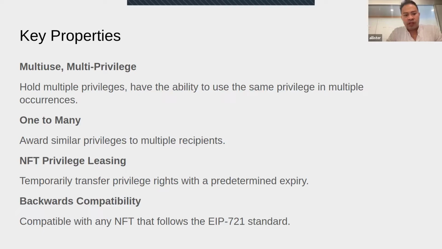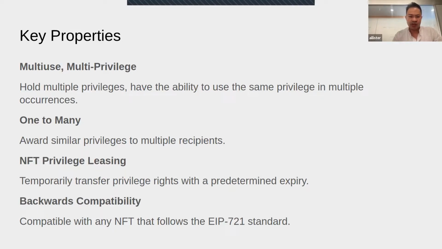So let's go into the key properties behind our protocol. It's multi-use and multi-privilege, meaning you can hold multiple privileges to that NFT, and you have the ability to use that same privilege in multiple occurrences. So think of exclusive access tied to an NFT, right?